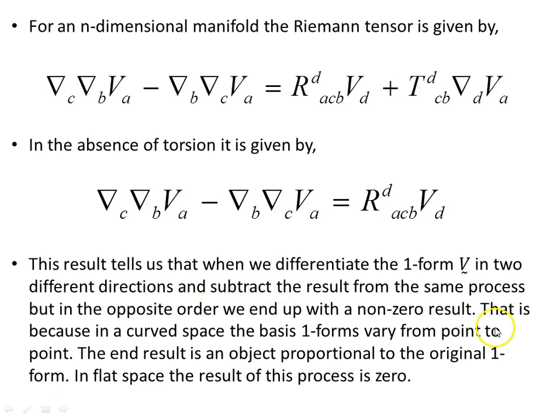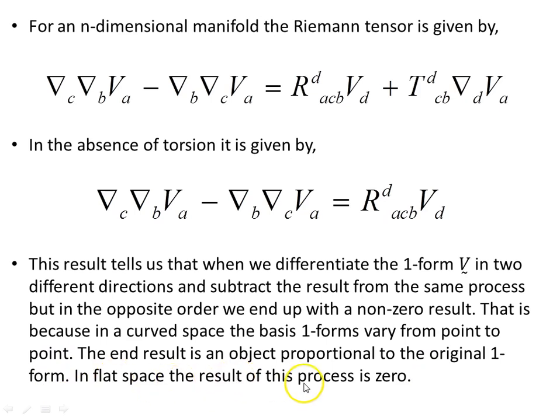Now, this result tells us that when we differentiate the 1 form v in 2 different directions and then subtract the result from the same process in the opposite order, we end up with a non-zero result. That is because in a curved space, the basis 1 forms vary from point to point, and the end result is an object proportional to the original 1 form.